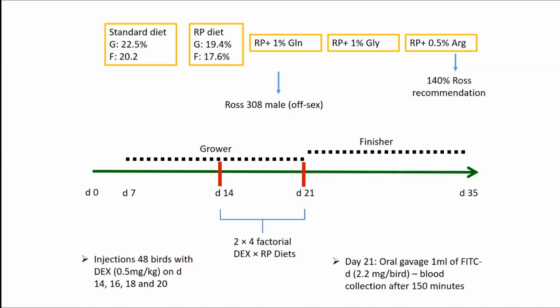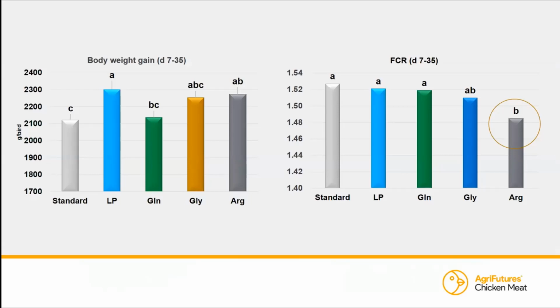But we wanted to see whether we see an impact, particularly under stress-stimulated conditions. We saw an impact on FCR only based on the arginine, only in the diets that had increased arginine, but there was no impact associated with glutamine and glycine that we could observe. But it was interesting that for the body weight, the birds that were fed reduced protein diets had a higher body weight.